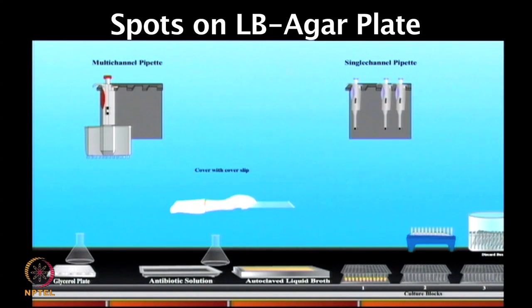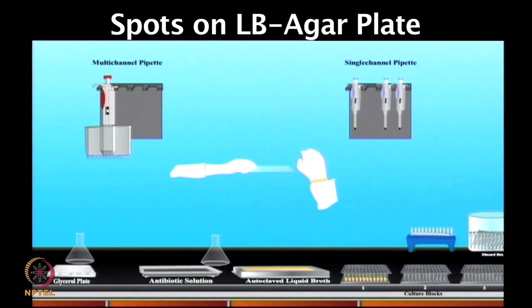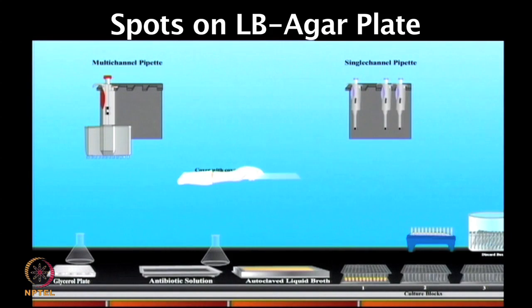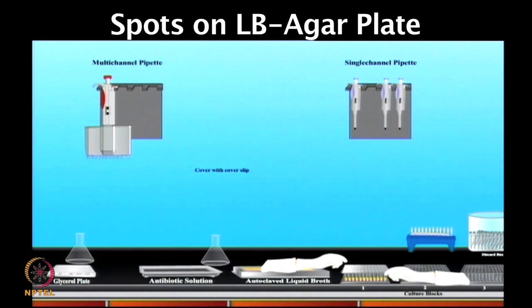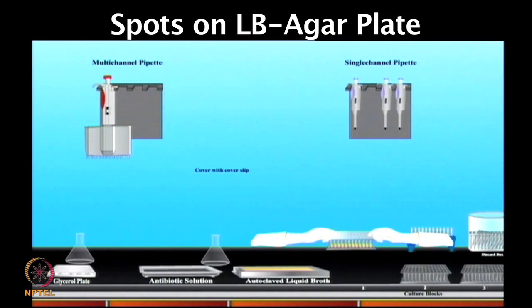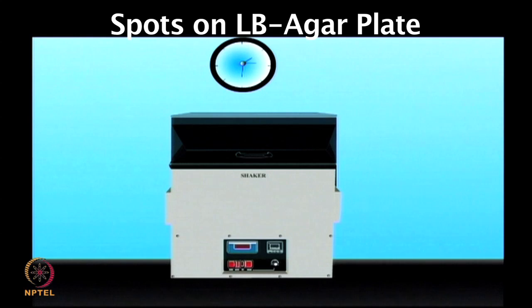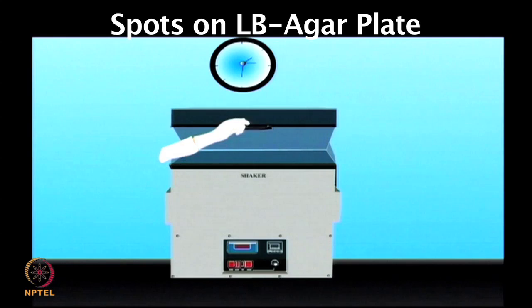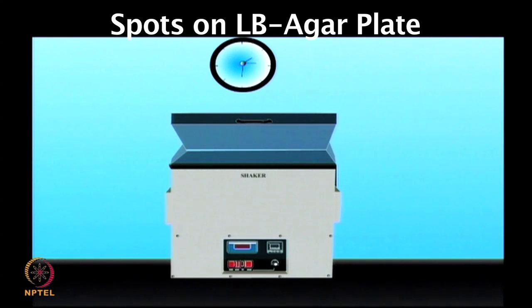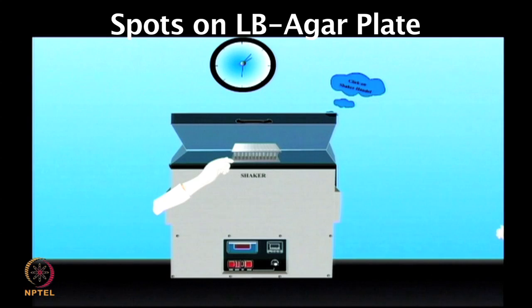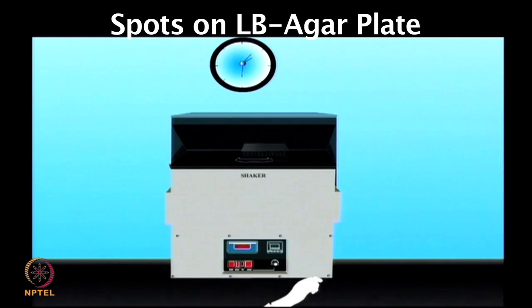Similarly, you can fill all the wells. Now cover the deep well block with a permeable seal. Ensure that the sealing is proper and then incubate the cultures on a shaker. You can grow the culture at 37 degrees at 300 rpm, and ensure that the shaking is uniform.